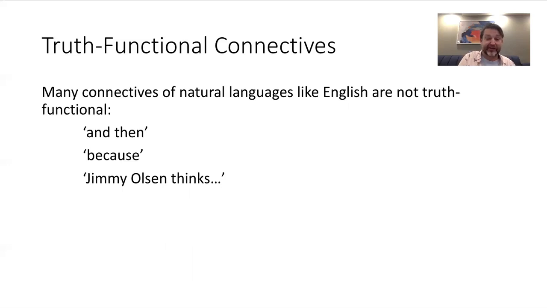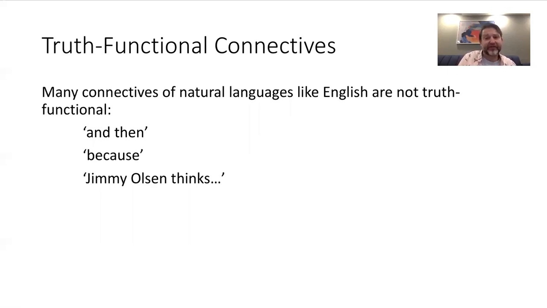Jimmy Olsen thinks P. If P is true, then Jimmy Olsen thinks P may be true, but it may also be false. And the same holds if P is false, right? So Jimmy Olsen thinks, although functioning sort of like a connective, is not a truth functional connective either.